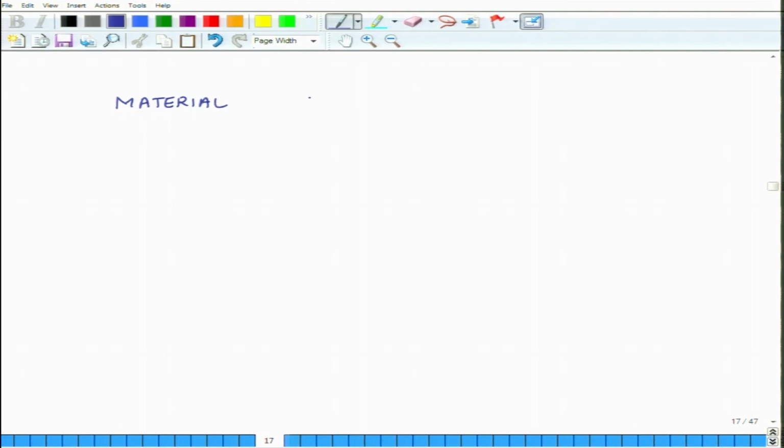The first column is for material, then the tensile strength of the fiber, and then the tensile strength of the bulk material.